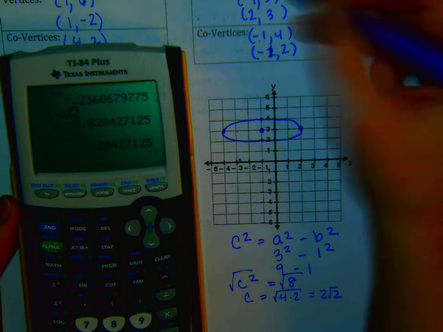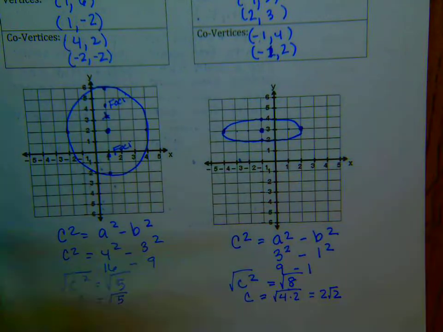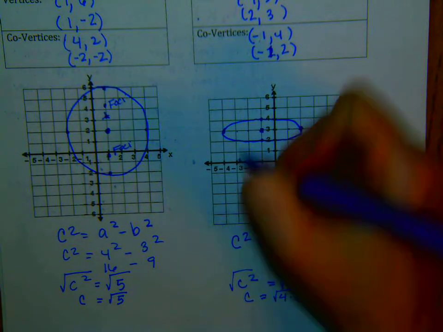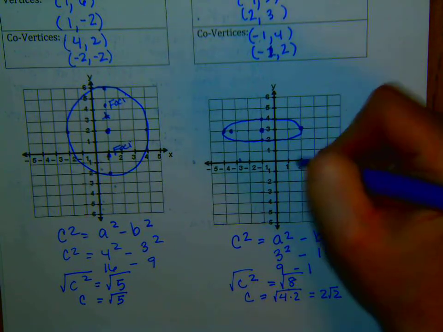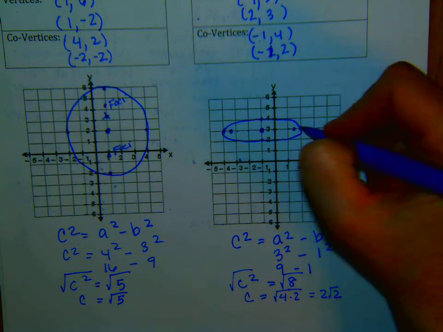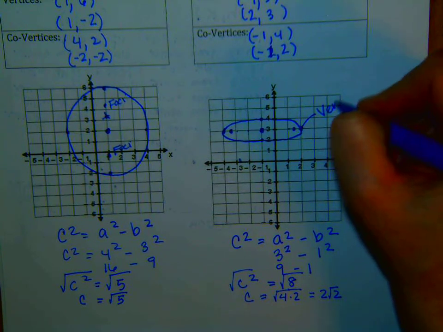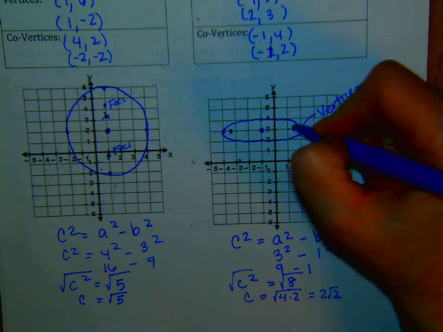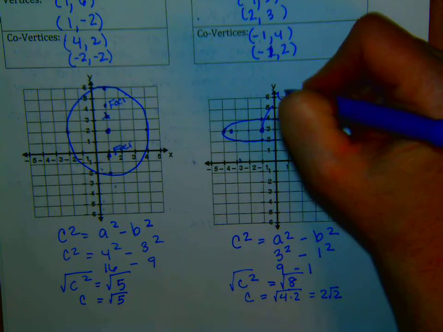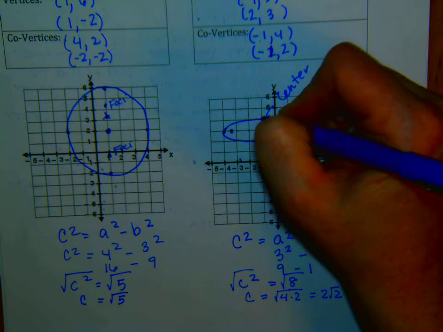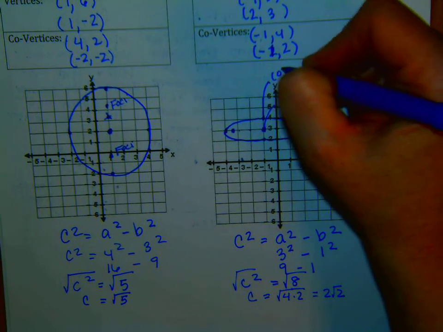I'll draw that in, negative 3.8 and 1.8. So there we have our vertices, our foci, and the center, and here we have the co-vertices. Okay, so we see where everything is on our ellipse.